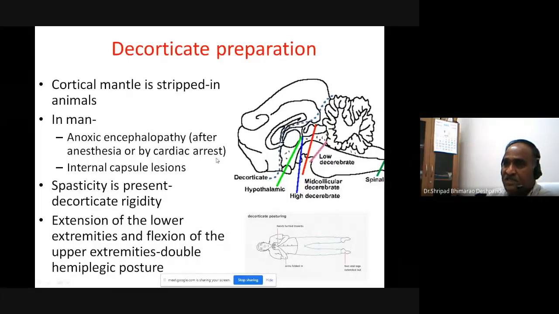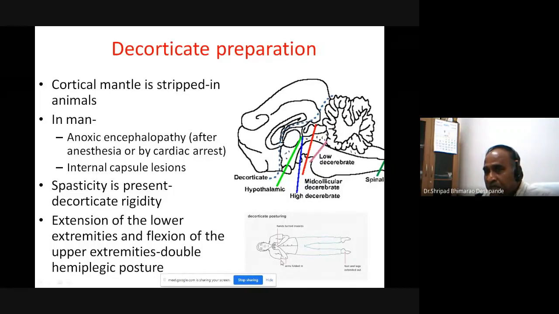So this is one aspect. Now the decorticate rigidity, you see here, the upper limbs are flexed, the lower limbs are extended. You see in the bottom figure there, the person is having extension of the lower limbs and flexion of the upper extremities.